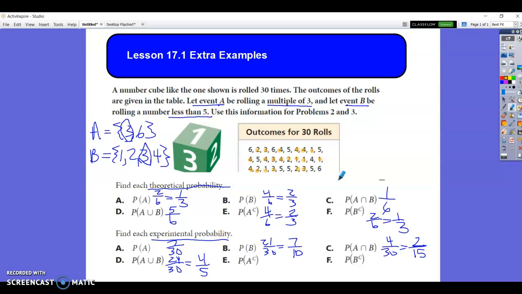So we've got 20 if I counted right. All right, which would reduce to 2 out of 3.